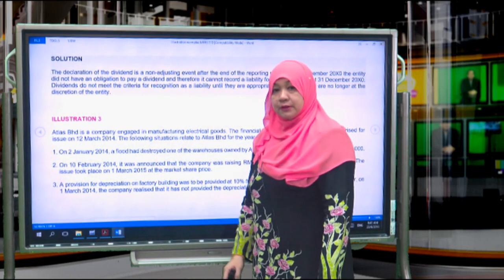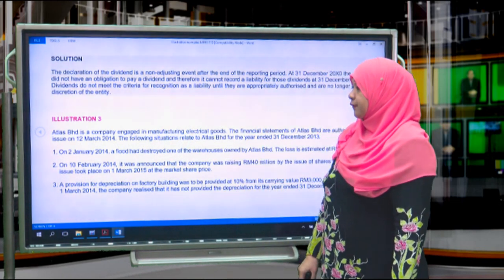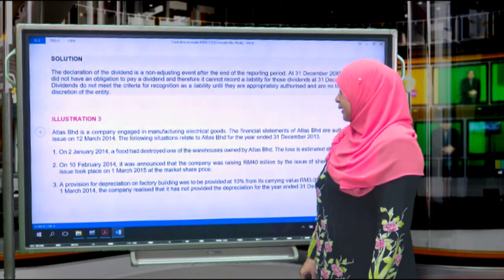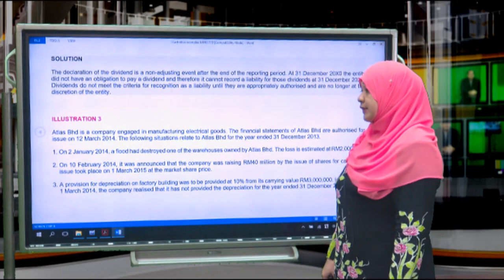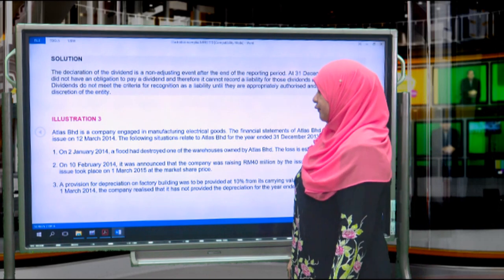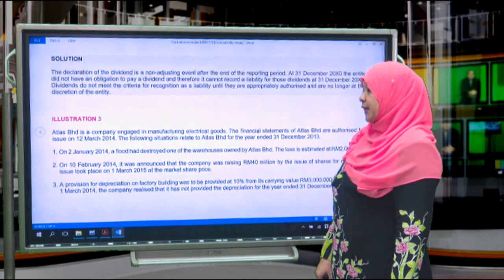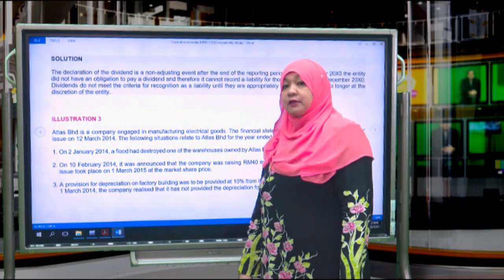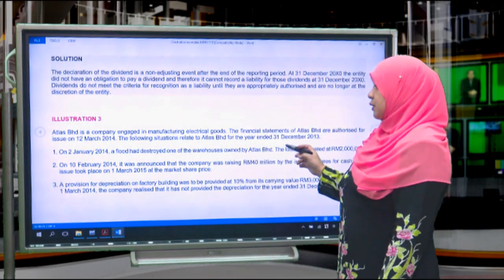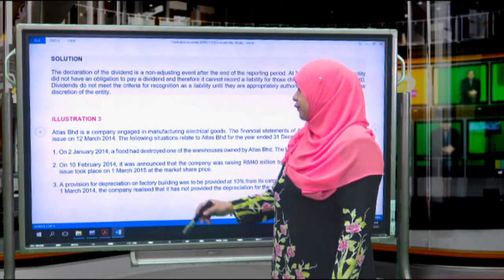We look at information number 2. On 10 February 2014, it was announced that the company was raising 40 million by the issue of shares for cash. The issue took place on 1st March 2015 at the market share price. Again, it happens between the period of 31st December 2013 up to 12 March 2014.